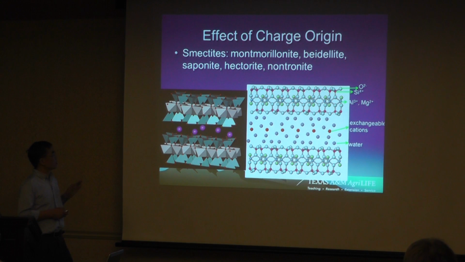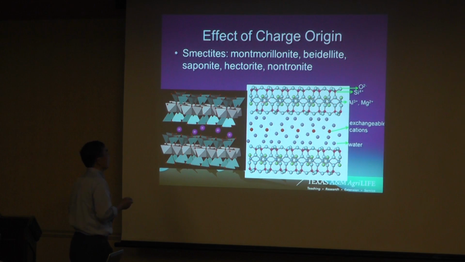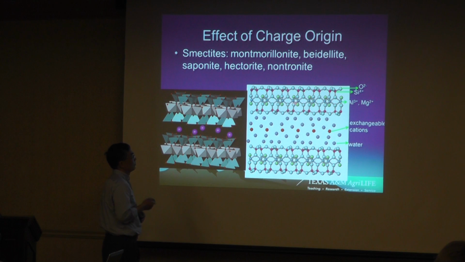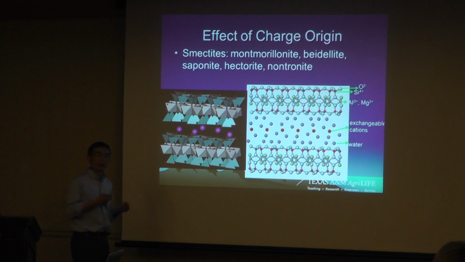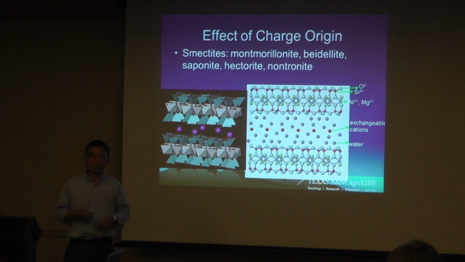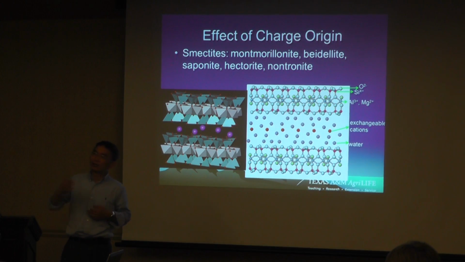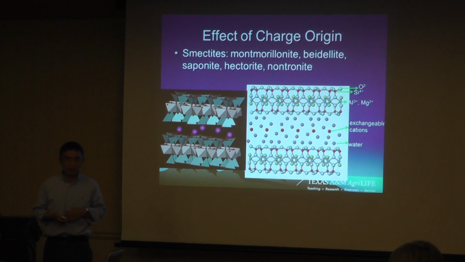Another question we have investigated: smectite is actually one group of 2 to 1 layer silicate minerals, and the charge can come from the tetrahedral sheet or from the octahedral sheet. We also have different samples. Here about 2/3 of the octahedral sites are occupied, and sometimes all of the octahedral sites are occupied. So we have a lot of different smectite minerals.